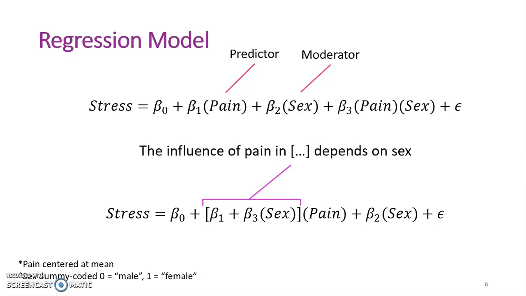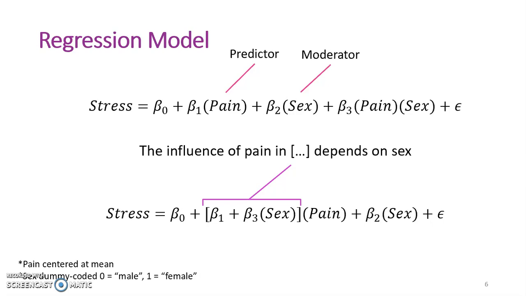So this is the model we're going to use for the hypothesis testing. And so we are going to have pain as our focal predictor, represented by beta 1, and the moderator is sex, that's beta 2. And then beta 3 is going to relate the interaction between pain and sex to the outcome of stress.